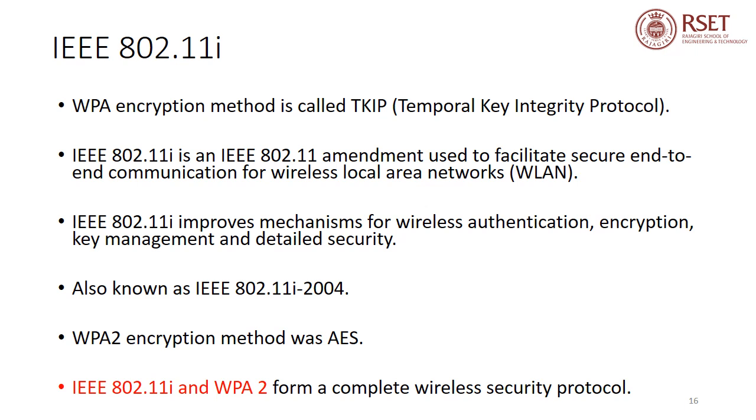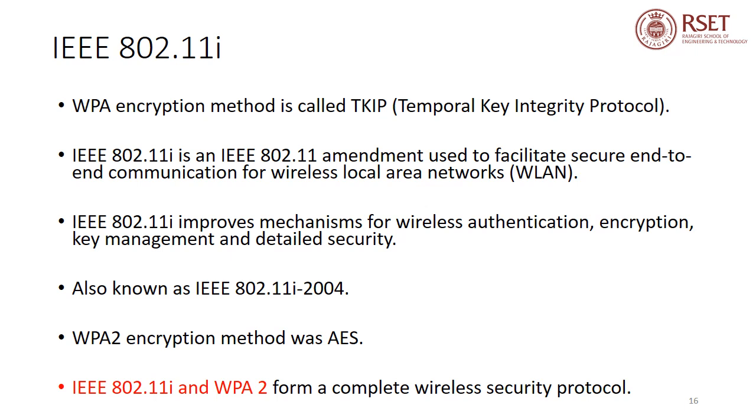The main aim was to improve the mechanisms for wireless authentication, encryption, and key management, and to provide more detailed security compared to the previously existing WEP protocol. This protocol was also known as IEEE 802.11i 2004.